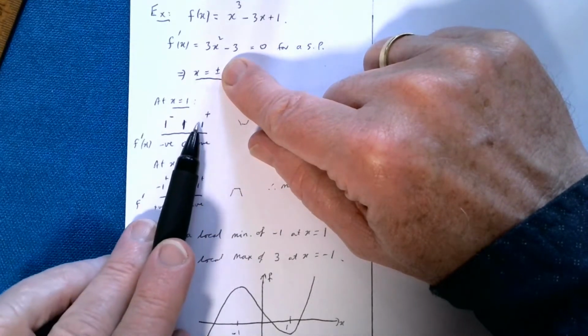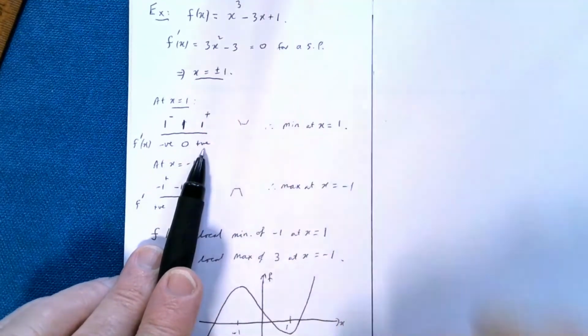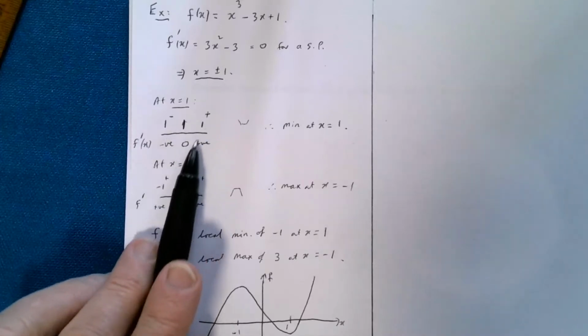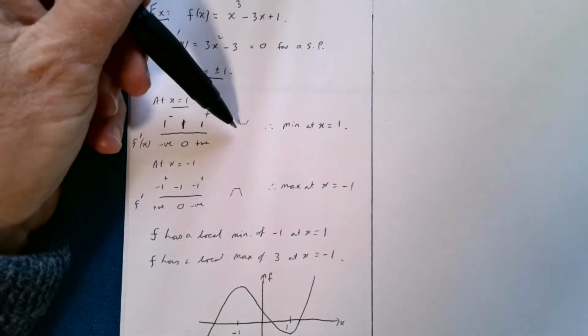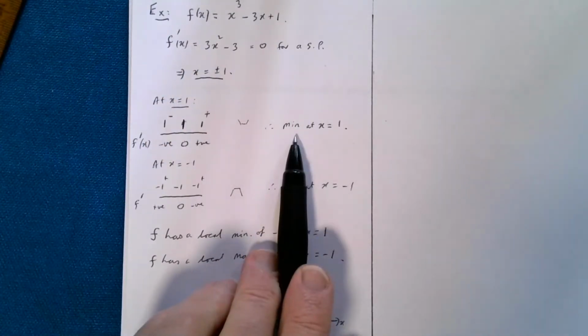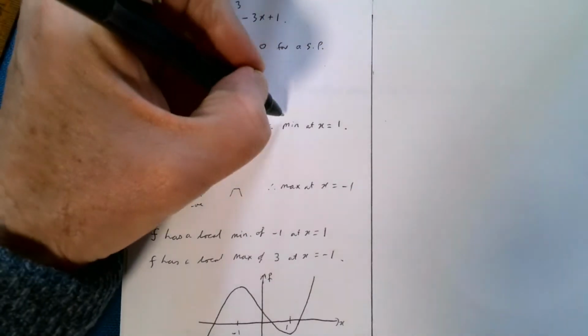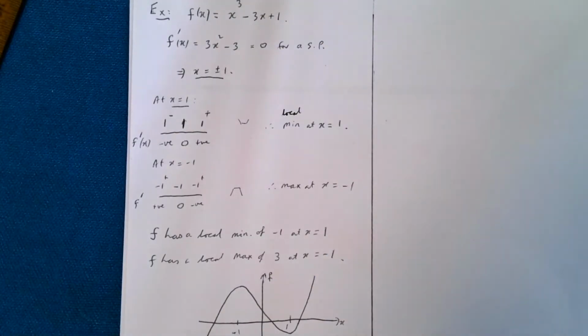If you put a number a little bit bigger than 1, try 2 if you like, plug that in, you get a positive number. So near this point, in some neighbourhood of this point, the gradients are going negative, 0, positive. And so we conclude that we have a local minimum at x is 1. A local min at x is 1.